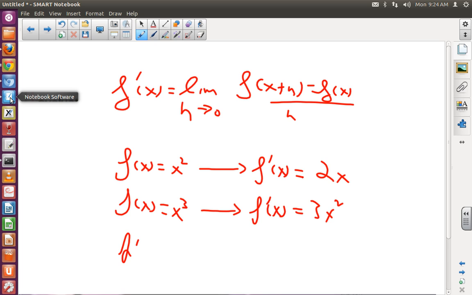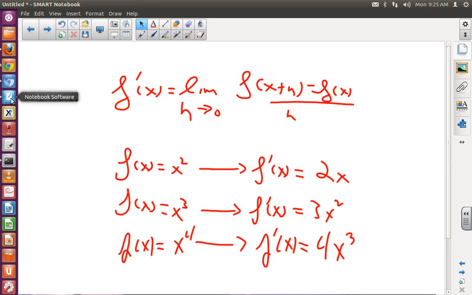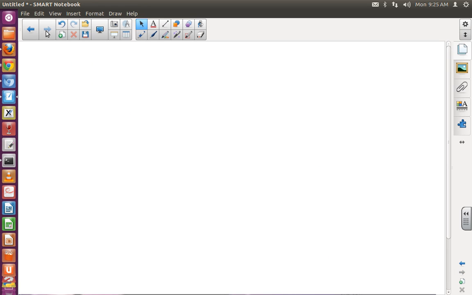We didn't do this one, but we talked about it. The derivative of x to the fourth is 4x cubed. That's the rule, right? So they gave us x squared minus 4x. If f of x is x squared minus 4x, what do you think f prime is going to be?